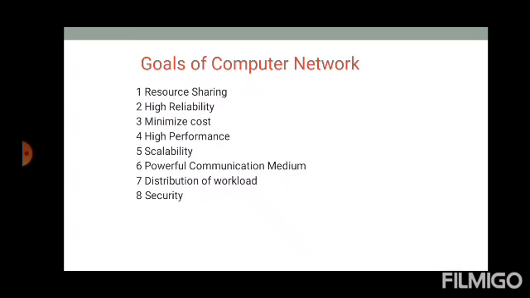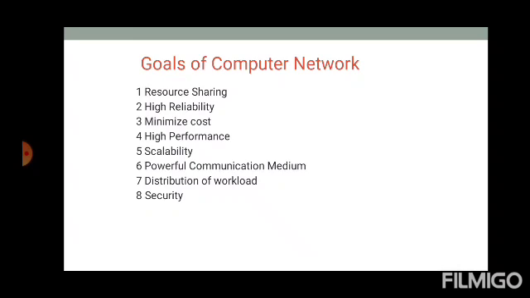Computer network provides the network user with maximum performance at minimum cost. Fifth is scalability. We can easily extend computer network just by adding more computers, printers, or any other devices without disturbing others and affecting overall performance.